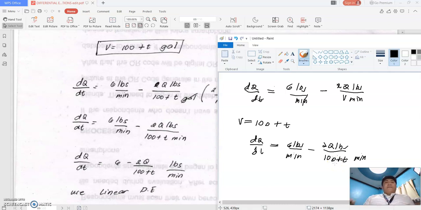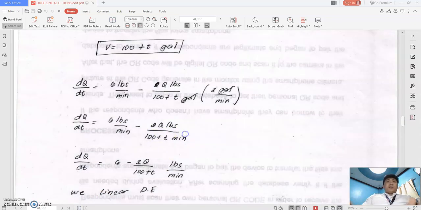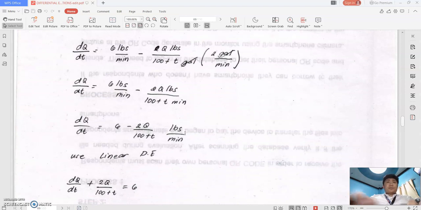So you have that result. From here, we just separate the units, pounds per minute. So what remains is 6 minus 2Q over 100 plus t.